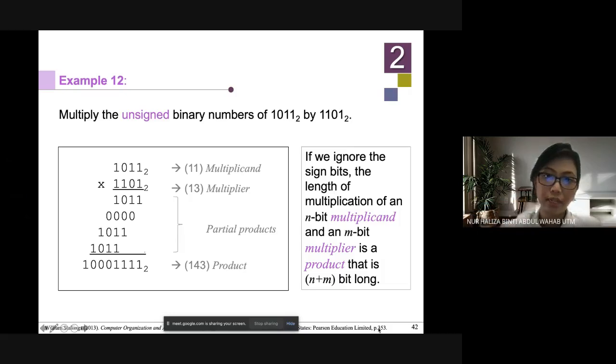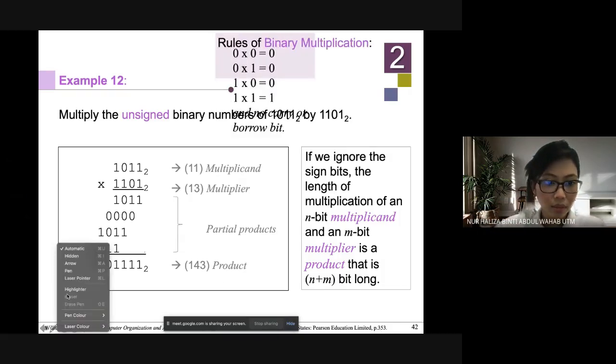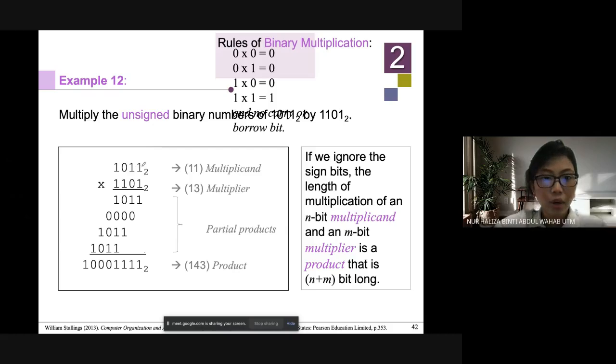So kita ada operation 1 multiple with 1. You get 1, you dapat answer 1. Kalau dalam matematik you akan buat 1 darab 1, darab 1 darab 1, kan?